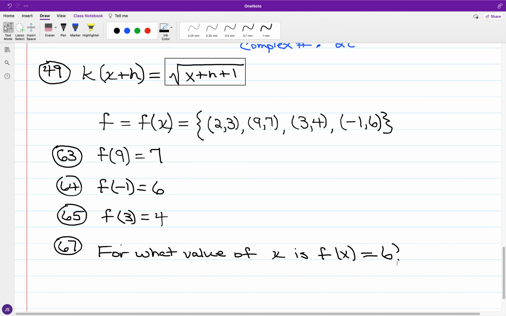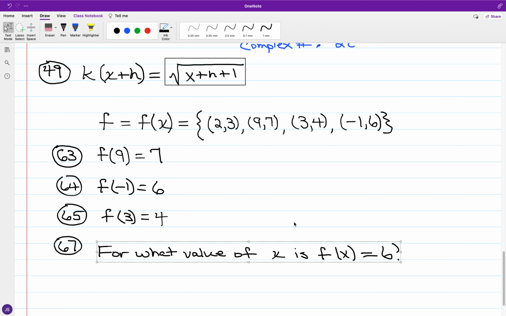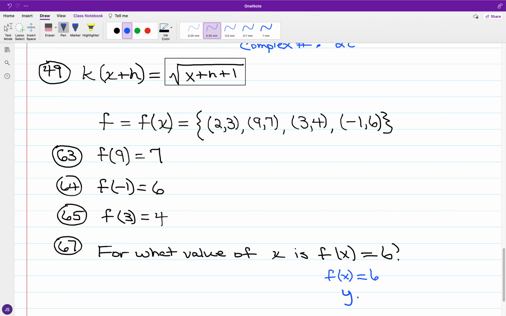In this instance, we have f of x is equal to 6. And again, f of x is just functional notation for what we say is y. So you have y is equal to 6.